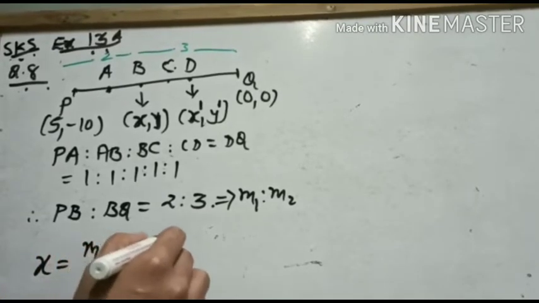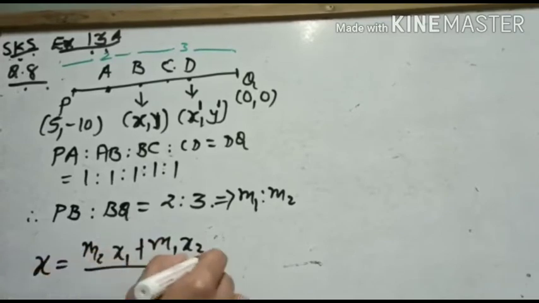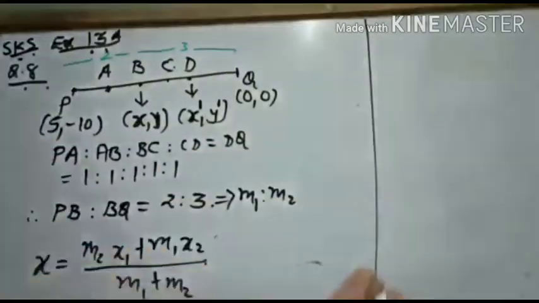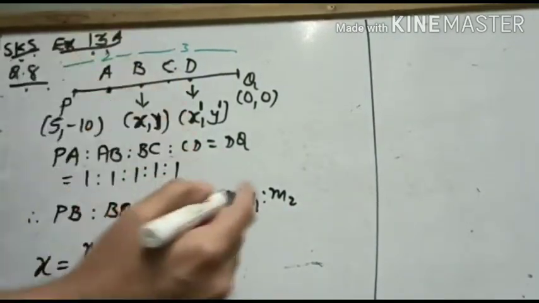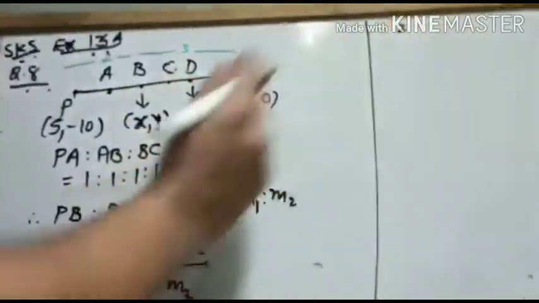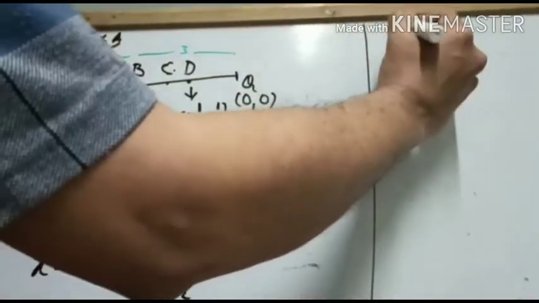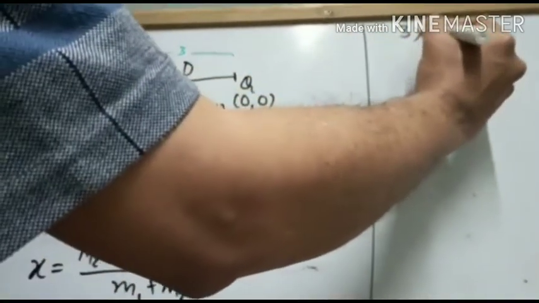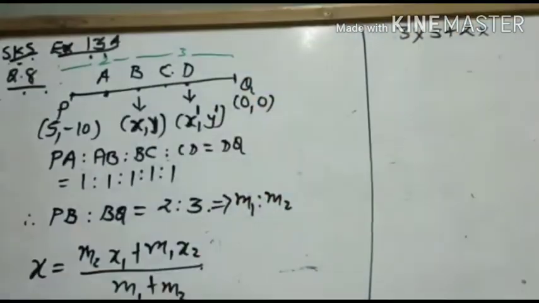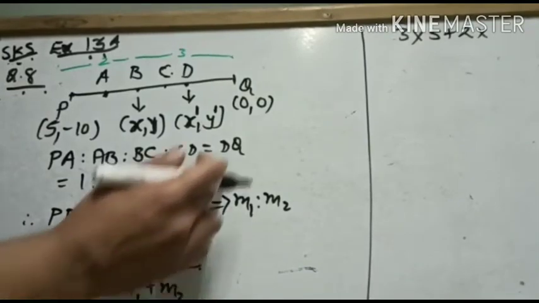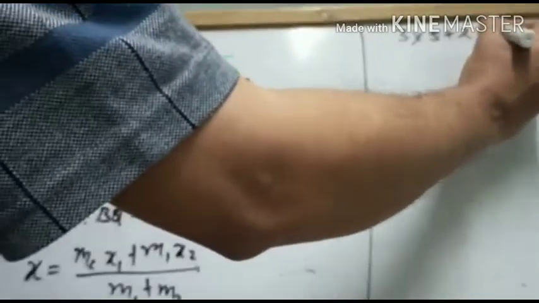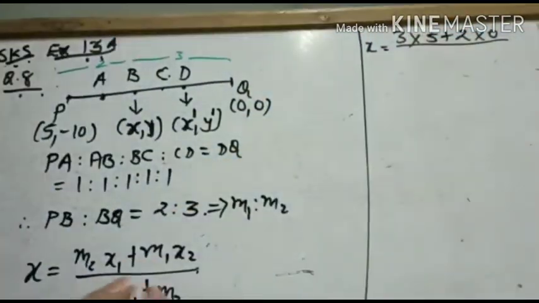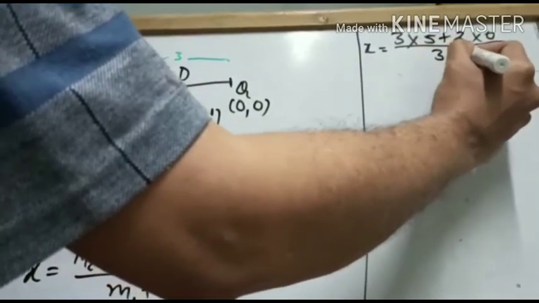So if I want to find the x coordinate, we know the formula: (m2 x1 plus m1 x2) whole divided by (m1 plus m2). So m2 is 3, into x1, that is 5, plus 2 into x2, which is 0, whole divided by m1 plus m2, that is 3 plus 2.